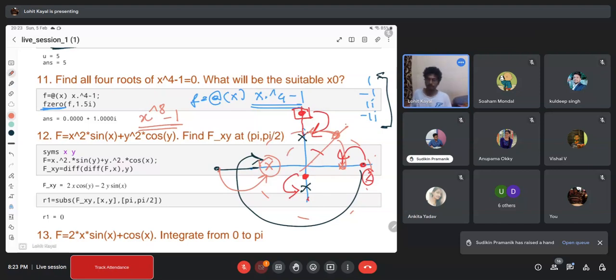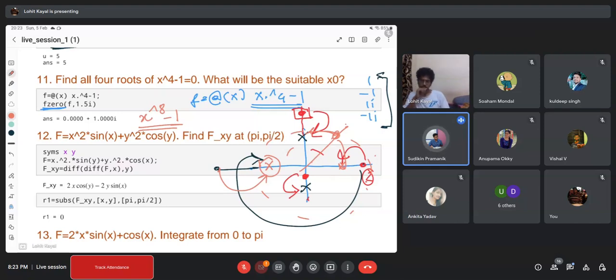Yes, Pramanik. Hello. Yes, sir. Sir, if I give f comma 1.5, it returns 1. But sir, if I give the point f comma 0, then why am I getting only minus 1? Because 0 is symmetrically placed between all of them, so it can vary.